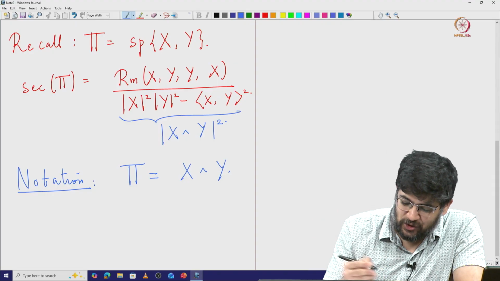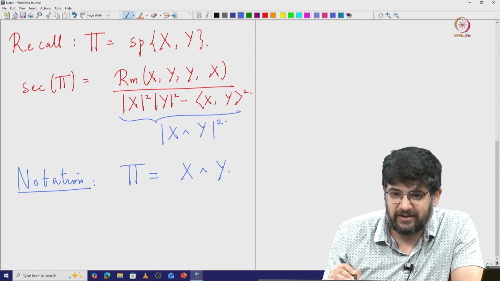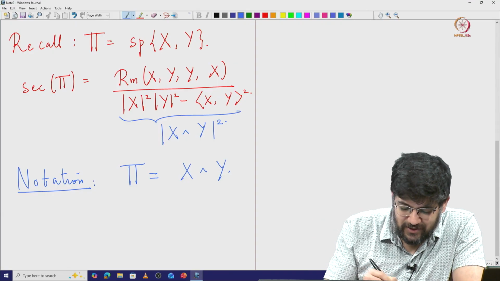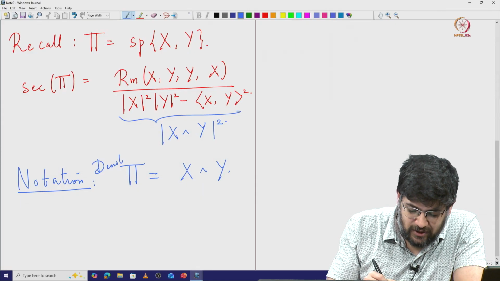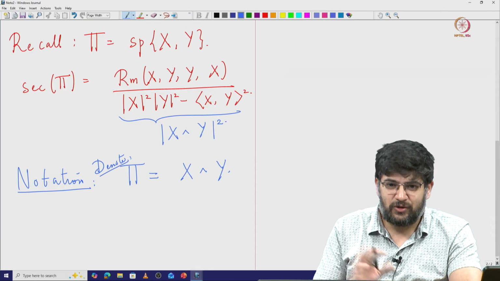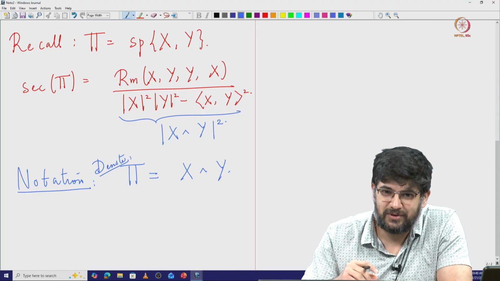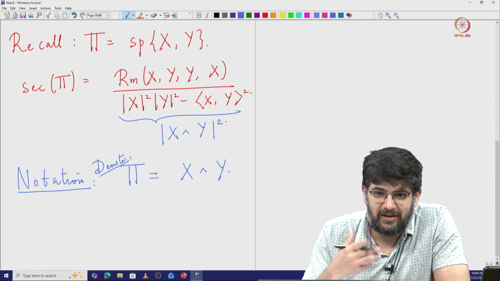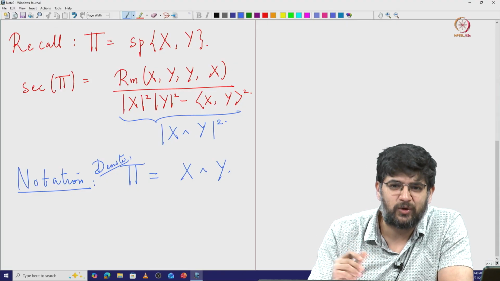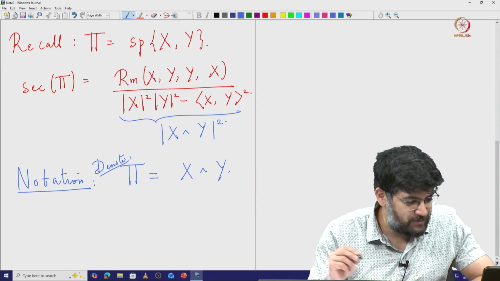So this is purely a notational convenience. Sometimes we denote pi by this. This is not quite correct on the nose, but it is a convenient notation to use sometimes.